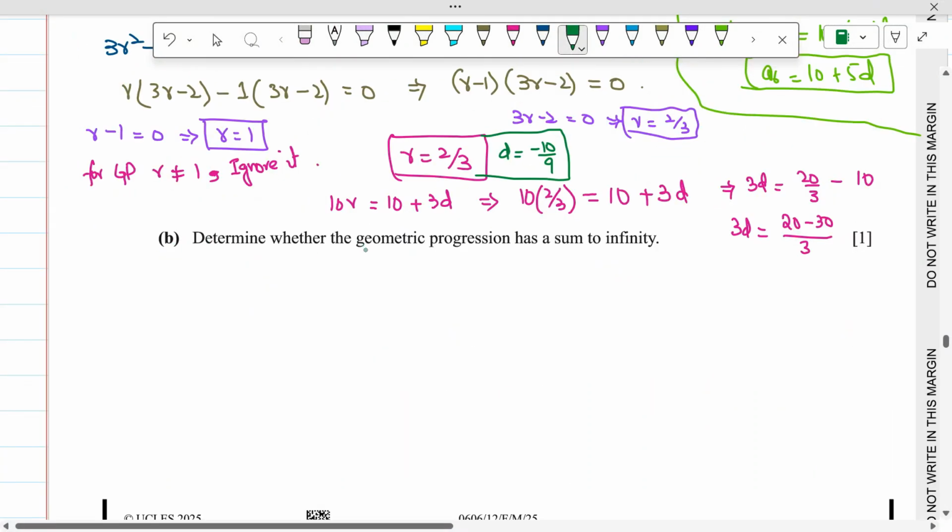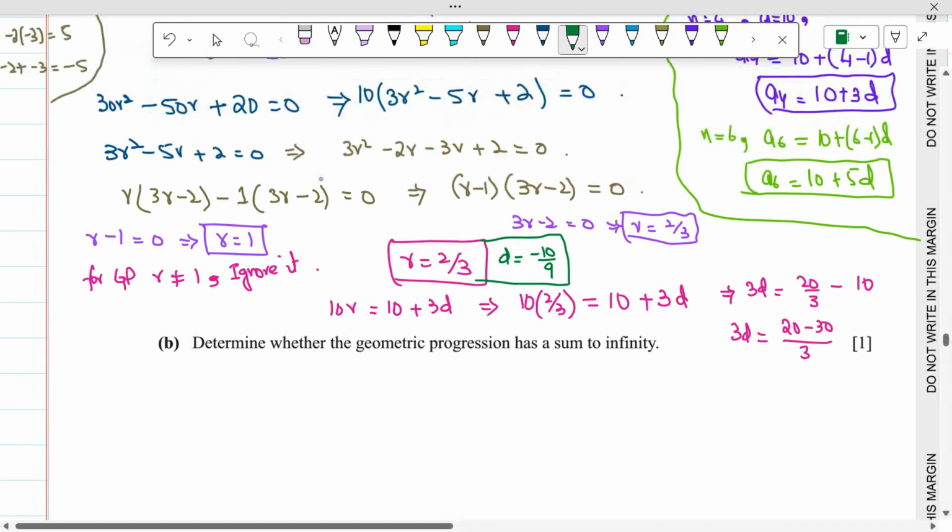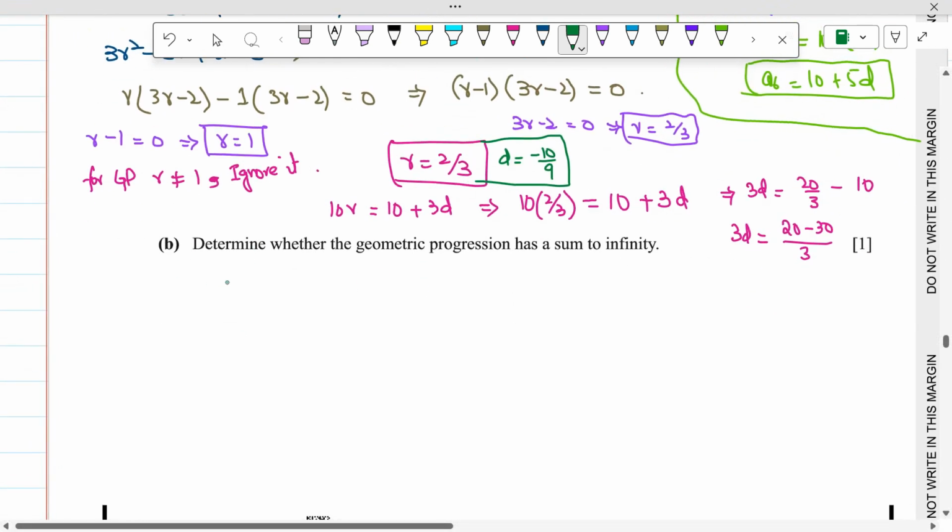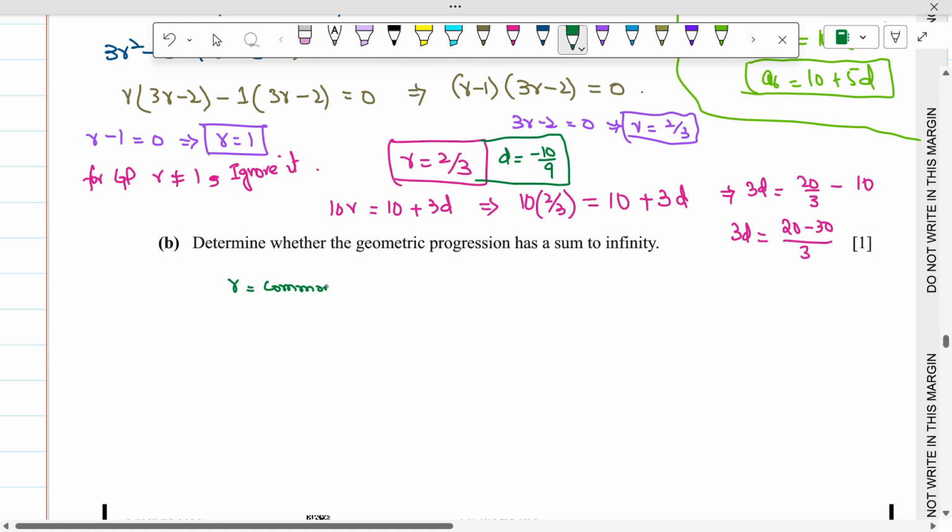Part B, determine whether the geometric progression has sum to infinity. We know that the geometric progression has a common ratio which is equal to 2 over 3, and this one is less than 1.